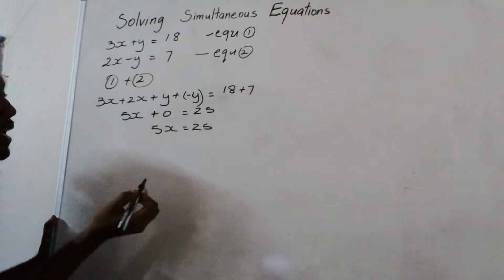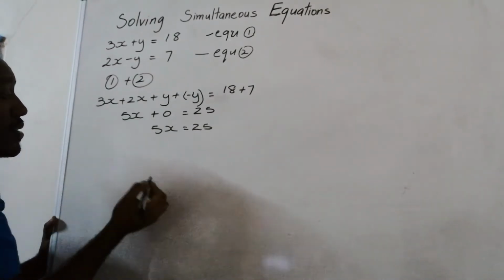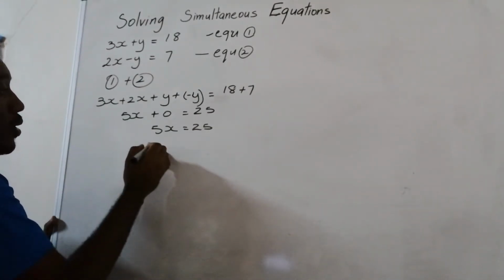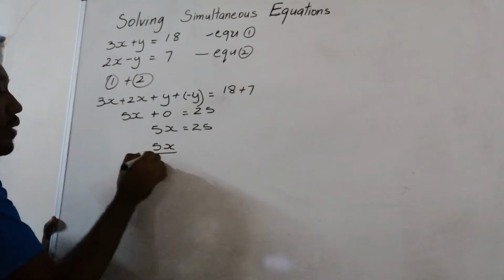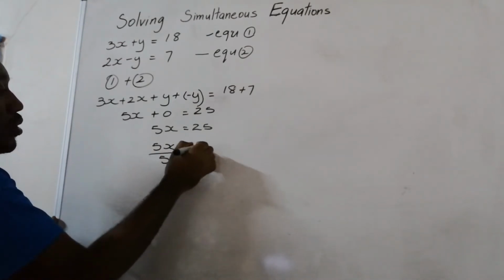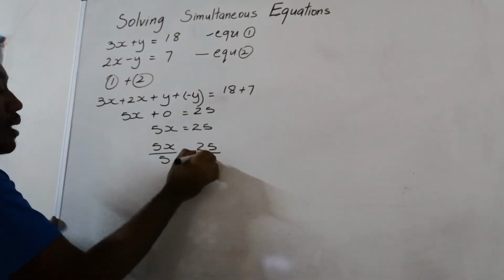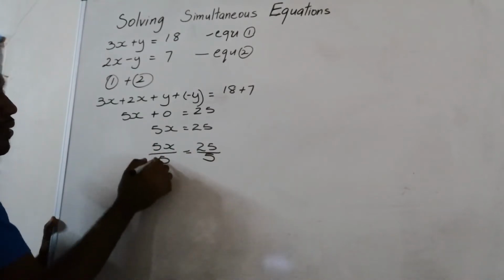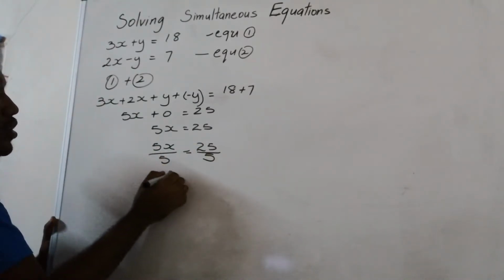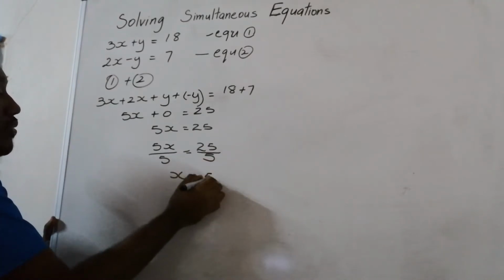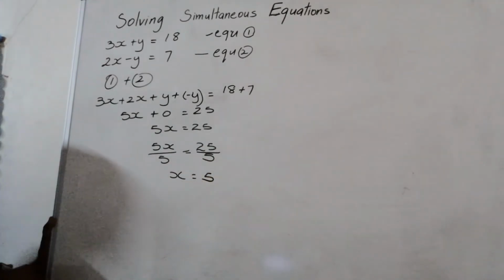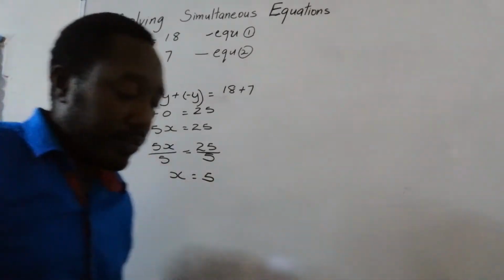To find what x is equal to, we divide: 5x divided by 5 is equal to 25 divided by 5. 5 into 5, 1, so just x remains here. And 5 into 25, 5. So x is equal to 5.